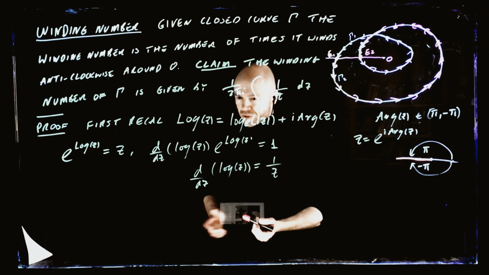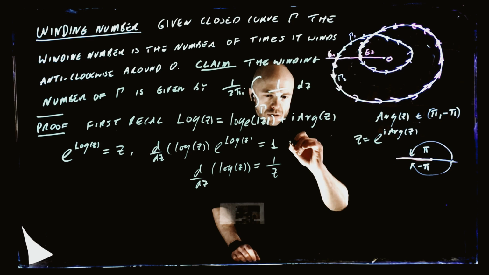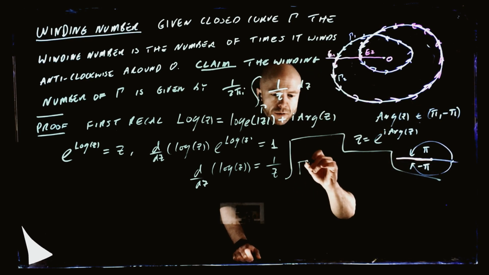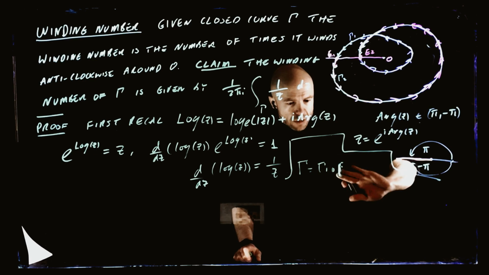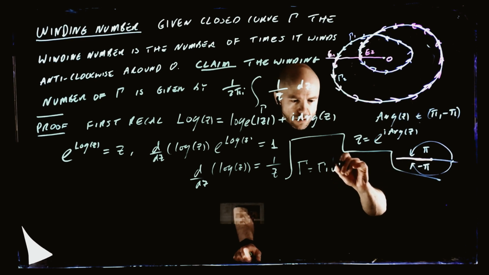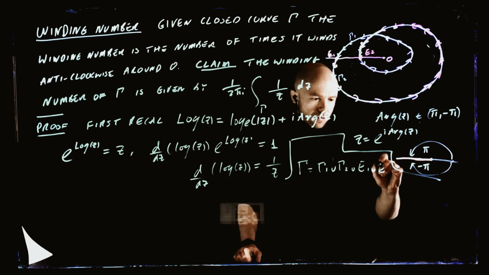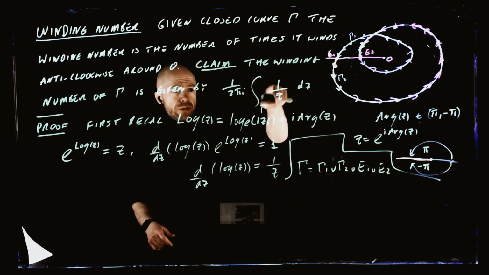So what we have is the decomposition: gamma equals gamma 1, union gamma 2, and then these tiny errors, E1 and E2, okay? And we are going to think about this integral right here.